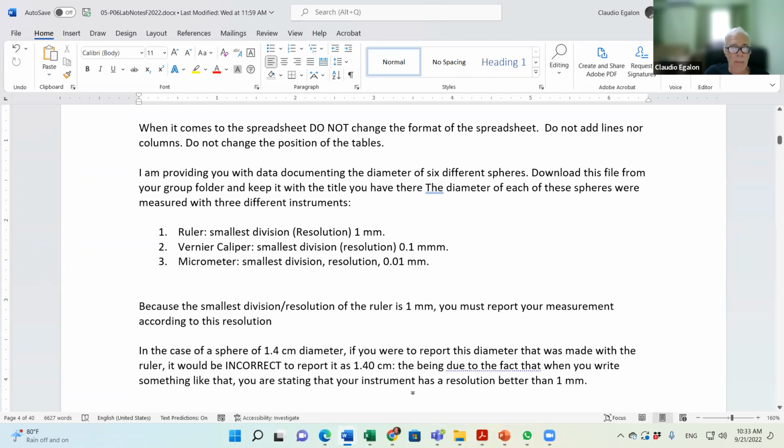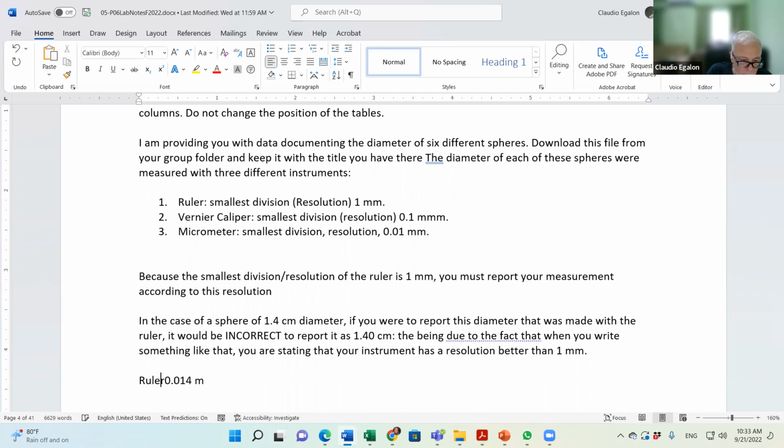So if you were to report 1.4 centimeters there, let's not forget, we are going to report that in meters. You should write that down as 0.014 meter. Do not put a 0 there.